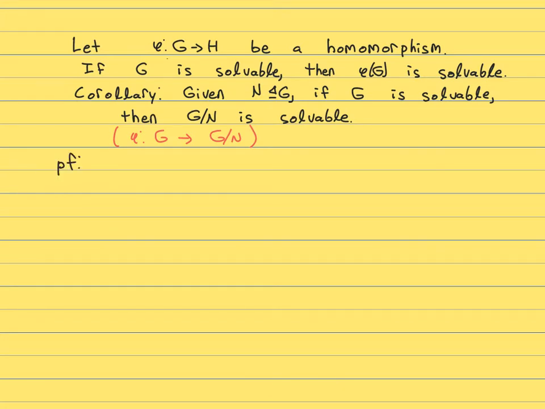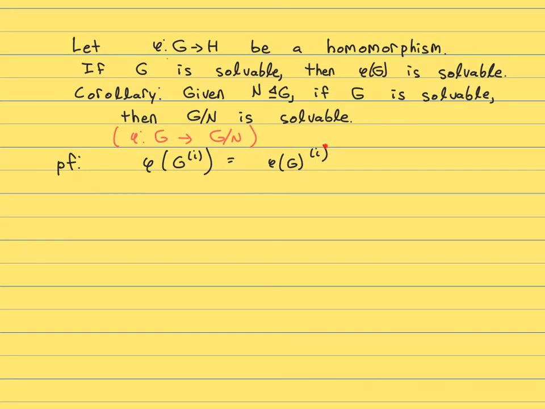So here the strategy is going to be to show that the image of the ith derived subgroup is actually the ith derived subgroup of the image. So again, if G is solvable, there's some point where this is the trivial subgroup, and the image of the trivial subgroup has to be a trivial subgroup.